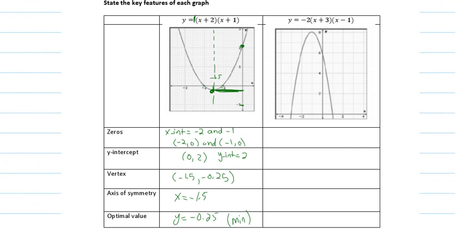So what are your zeros? 1 and negative 3. So I can write x-intercepts equal 1 and negative 3, or I can write it as (1, 0) and (-3, 0).